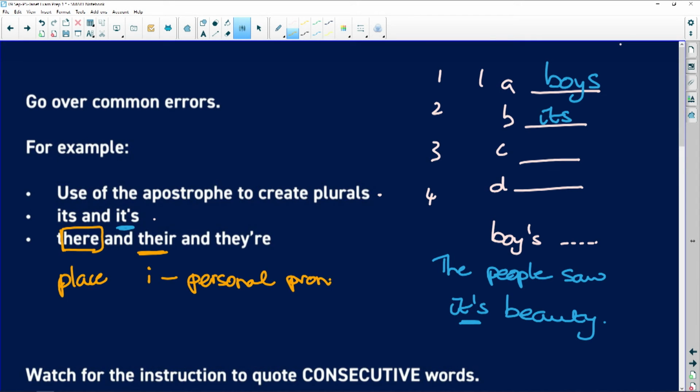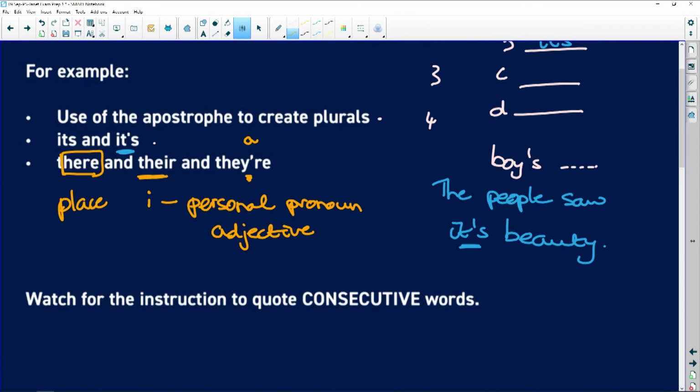So their is an adjective from the personal pronoun. So it's people, their book, their mother. And this has got the apostrophe, so a letter has been left out. It is, they are. So it's there, they're, and their. But you must get them separated.